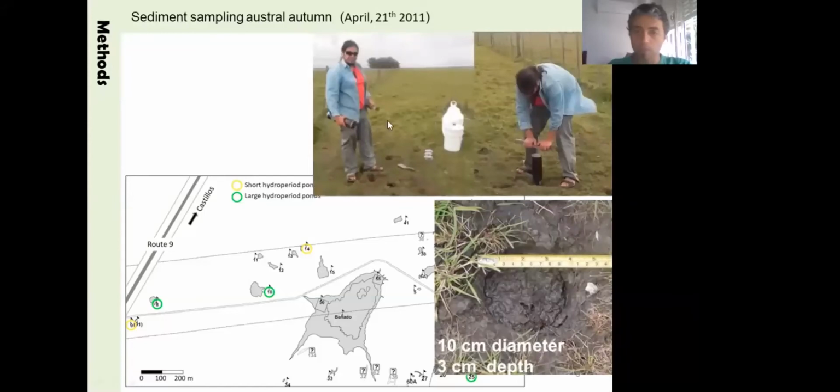We used a 10 centimeter diameter core to collect slices of 3 centimeters depth that we kept in the dark and at constant temperature for the hatching experiments.